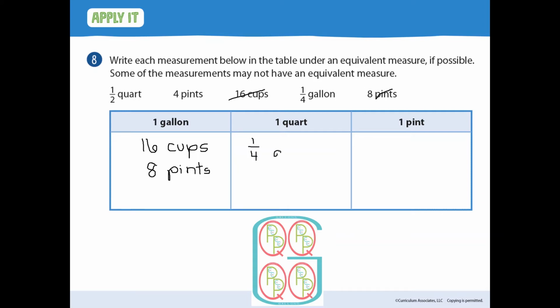Okay. 1 pint. Well, 1 pint is not 4 pints. How about 1 pint being 1/2 of a quart? Yeah, there's 2 pints in a quart, so 1 pint is 1/2 quart. And we're just not going to use the 4 pints.